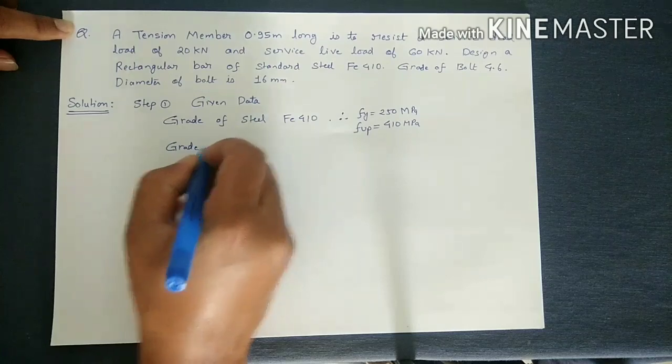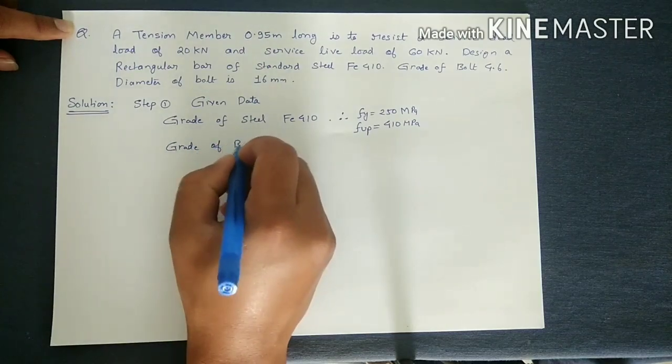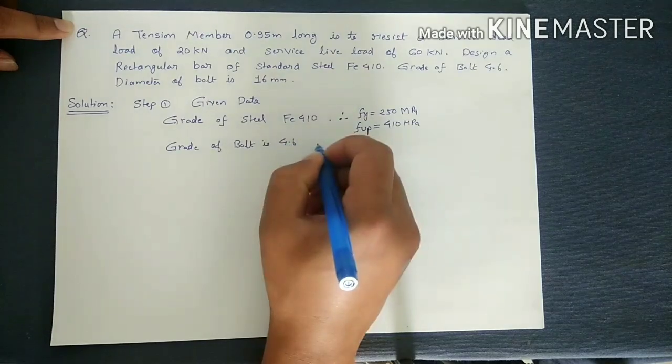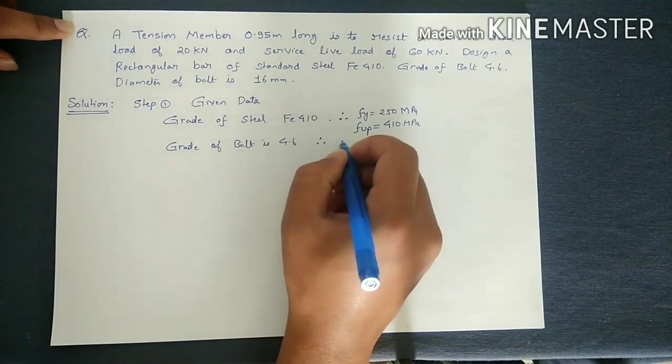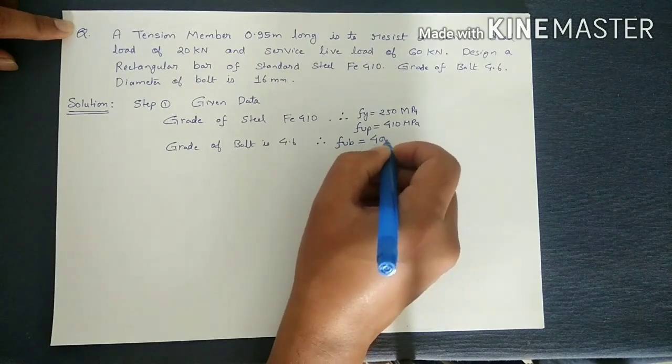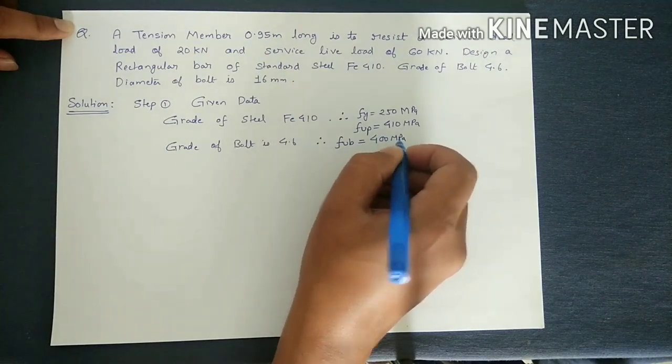Grade of bolt is 4.6. Therefore FUB will be 400 MPa.